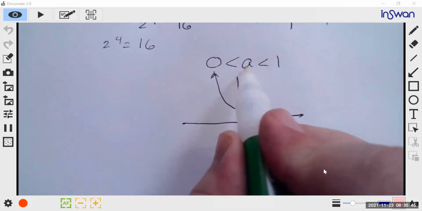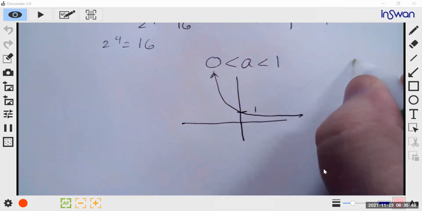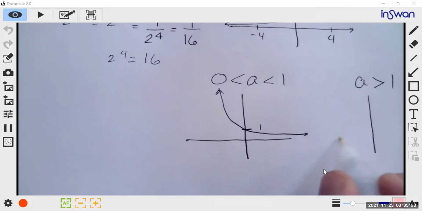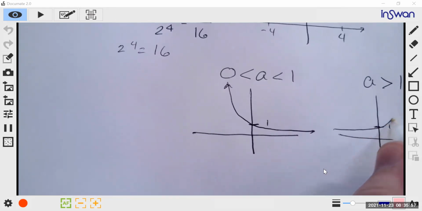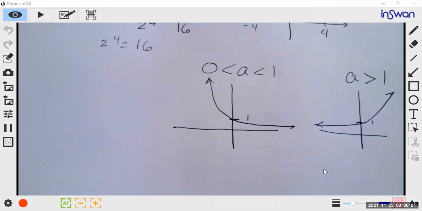If a is a decimal or a fraction, the graph looks like this. If a is greater than 1, it crosses through 1, and it's an increasing function. The larger a is, the faster it grows.